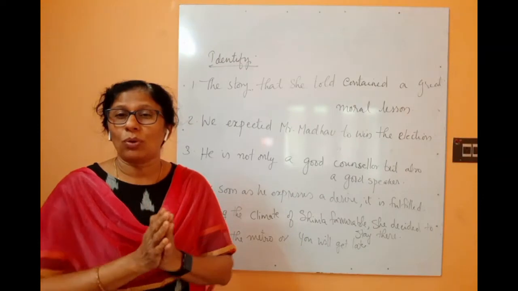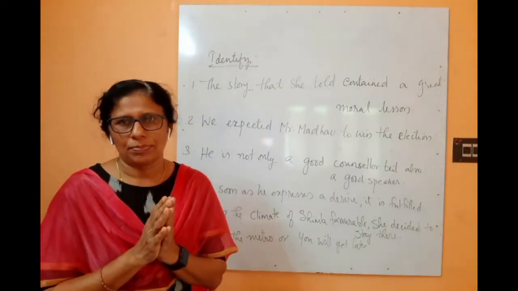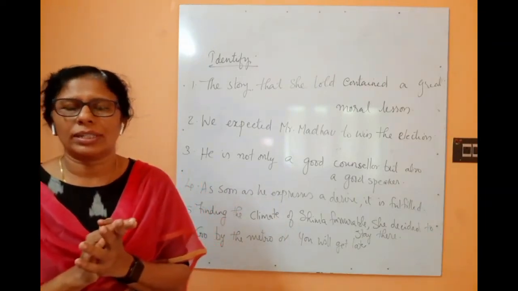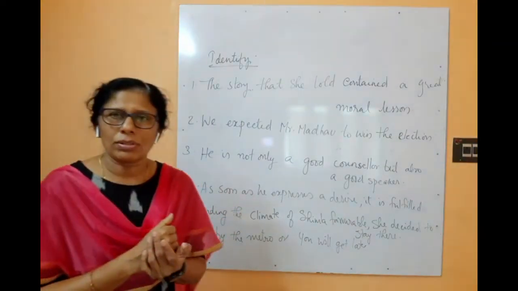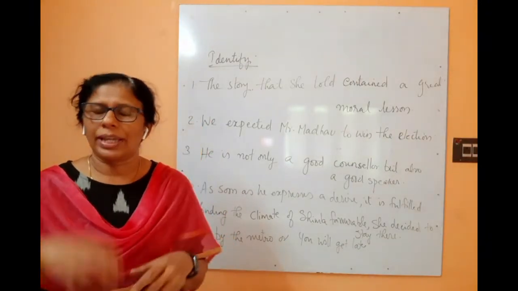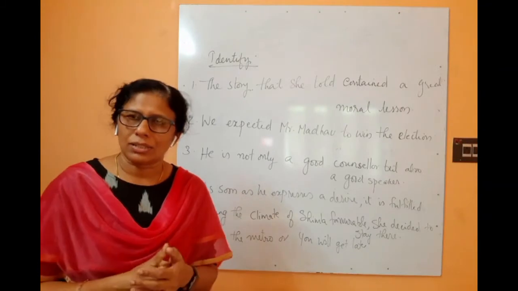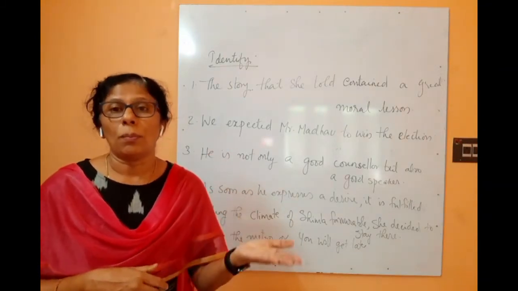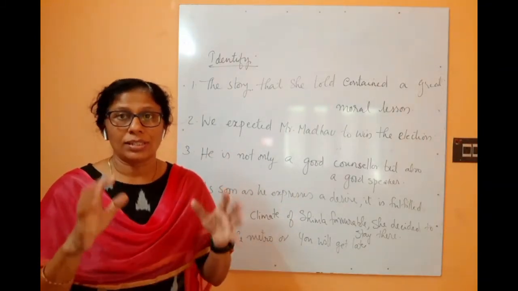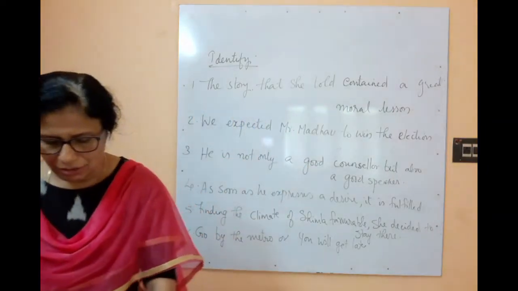That is why you should be very thorough with all the subordinating conjunctions, and the same for coordinating conjunctions. And compound sentence: two or more coordinate clauses combined by a coordinating conjunction. So these are the clues. Do keep them in mind, and after that read the sentence and find out.